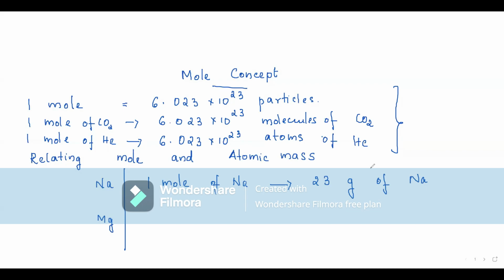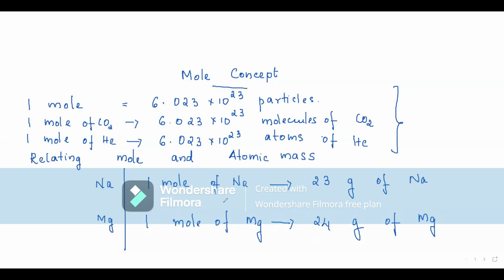How is 23 related to sodium? 23 is the atomic mass, or relative atomic mass, of sodium. If I take Mg, then 1 mole of Mg means 24 grams of Mg.